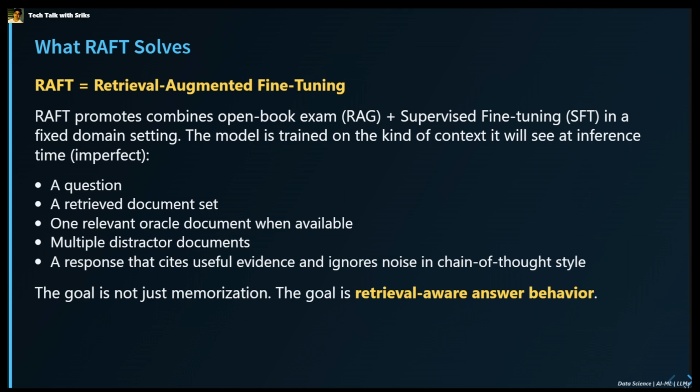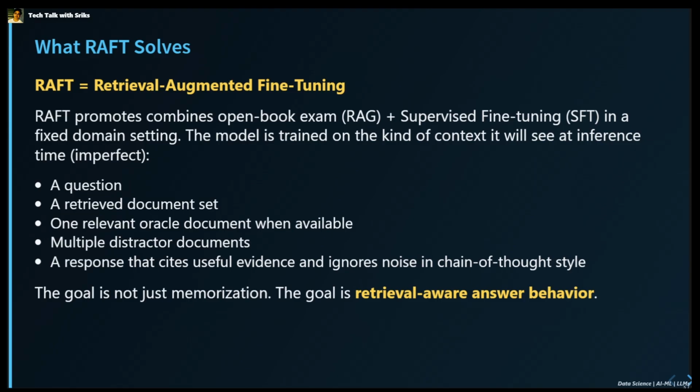So the model is basically trained in the context that it's going to see during inference time, which means we're going to train the model with a question and a retrieved document set. Among those documents, there could be one or more Oracle documents, which are the right documents, but there will also be distractor documents, which are not related to the question.